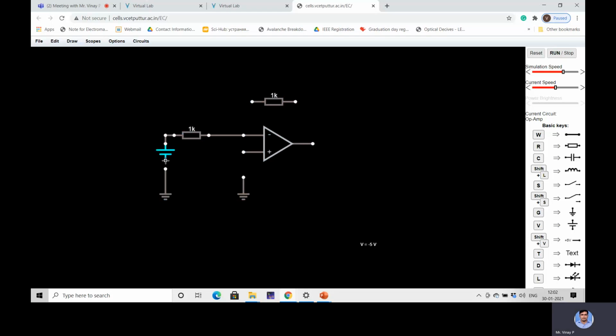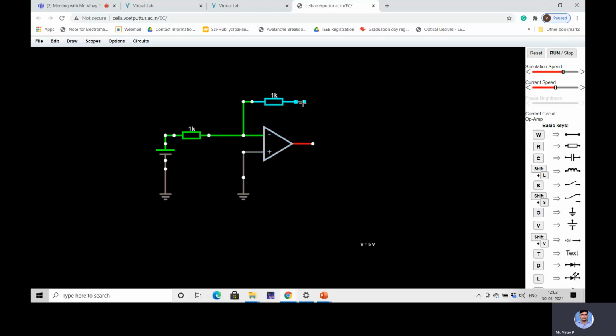From this point, connect it to ground. The negative of the input voltage is connected to the ground, and the non-inverting terminal should be connected to the ground terminal, right? And for the RF resistance, from this point we'll connect the wire from resistance RF to the inverting terminal.